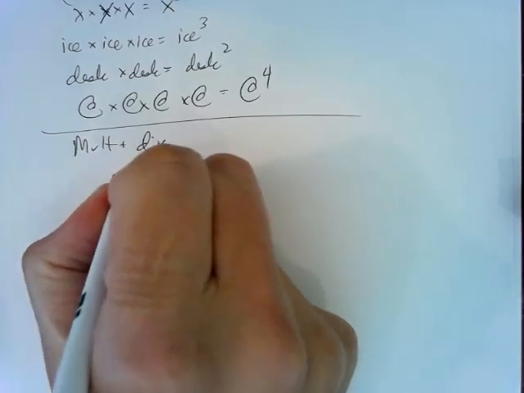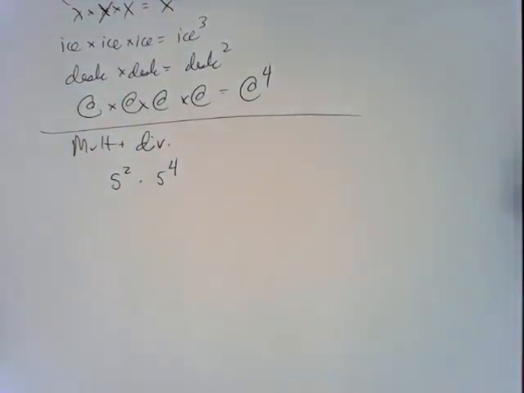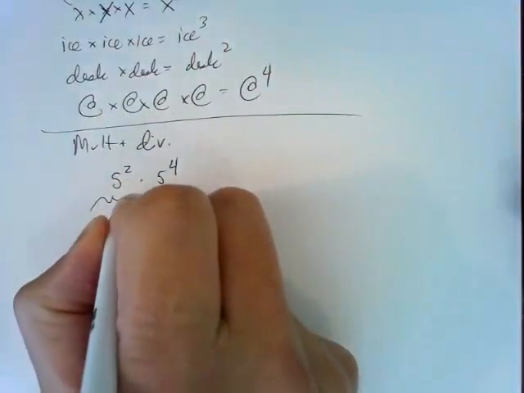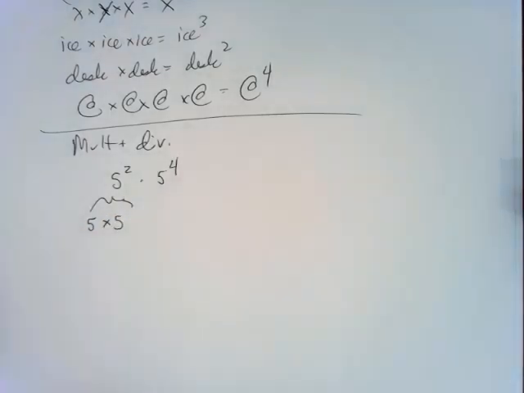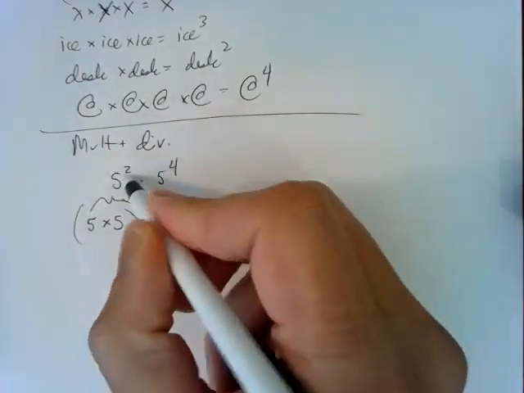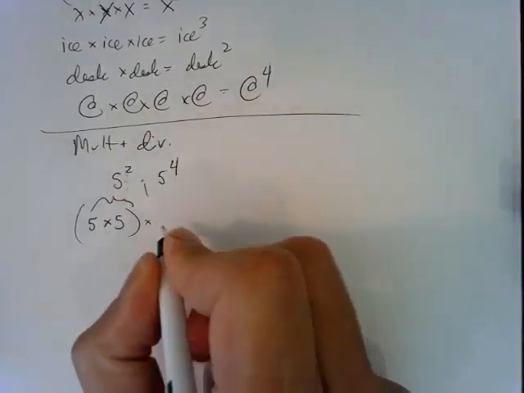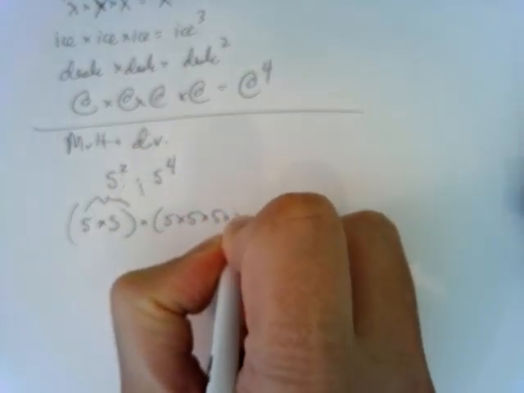So if we had something like 5 squared times 5 to the 4th, we could rewrite this then based on what we did above. We know that 5 squared really is 5 times 5. So that would be representing the 5 squared. And then we'd multiply by 5 to the 4th, which is 5 times 5 times 5 times 5.